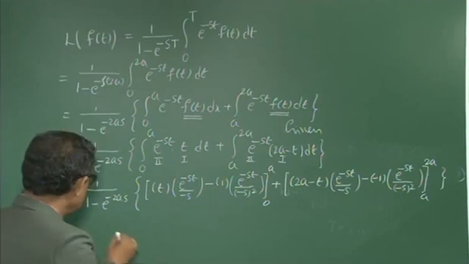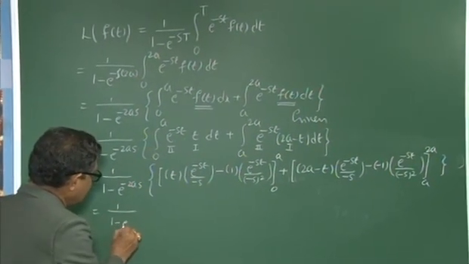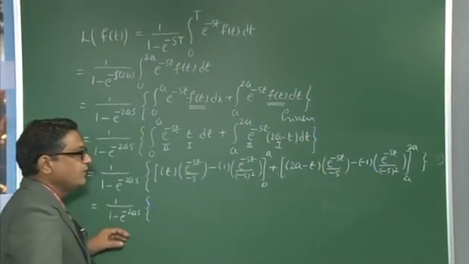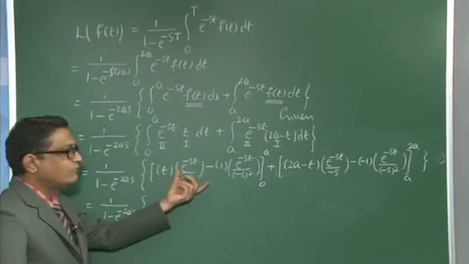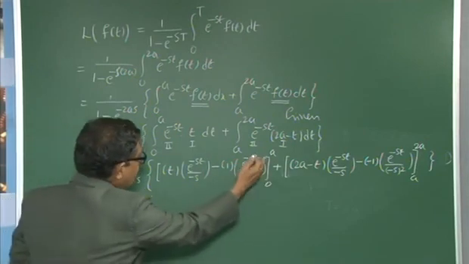What you will get? Now this is 1 divided by 1 minus e raised to minus 2s. Just ordinary simplification, upper limit minus lower limit. For the first square bracket, upper limit is a.